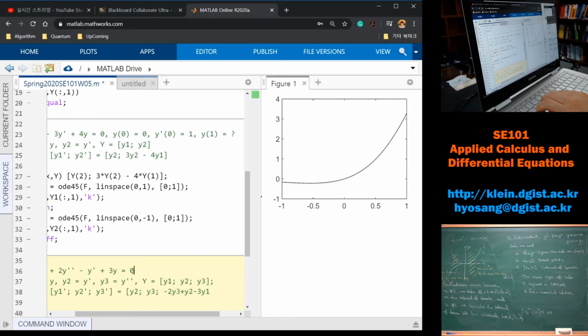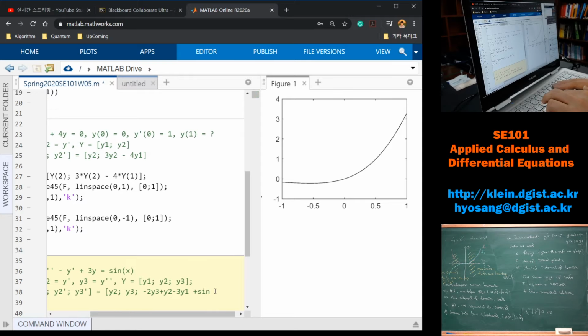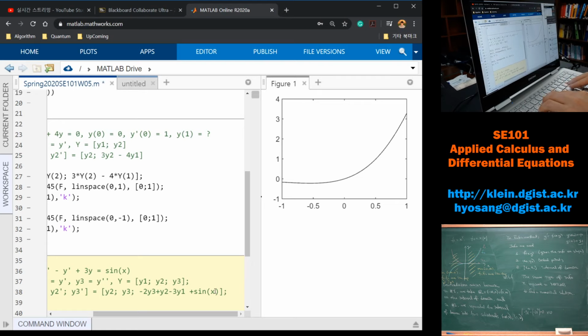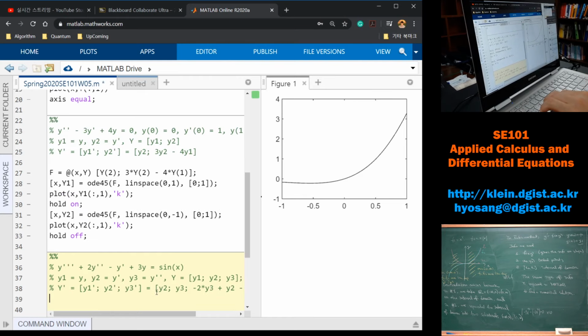If you have a non-homogeneous differential equation, obviously you can handle that too. Suppose you have sine x, just put the sine x here. So this is a system of differential equations in three functions.